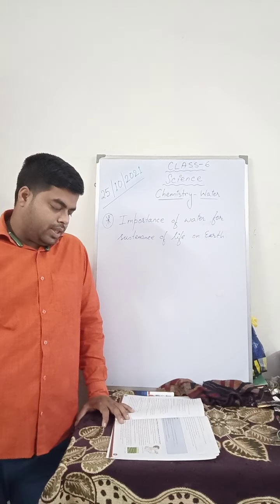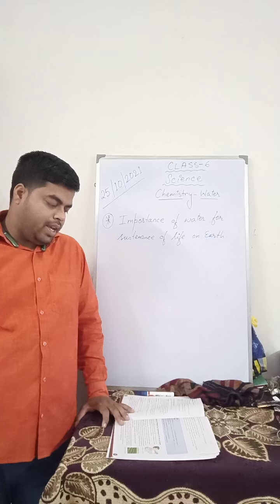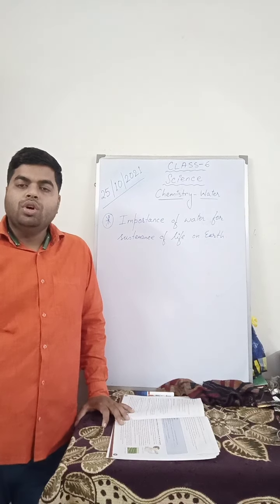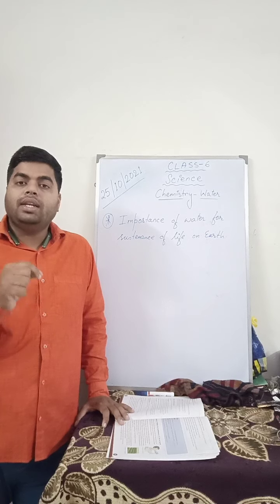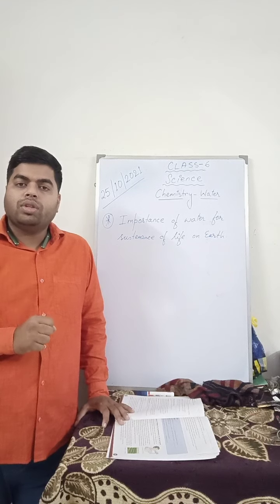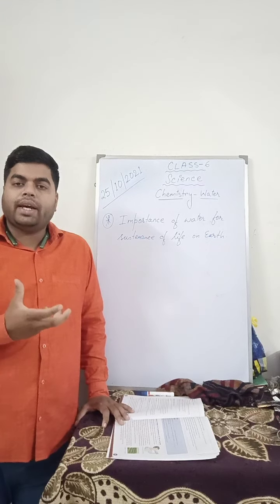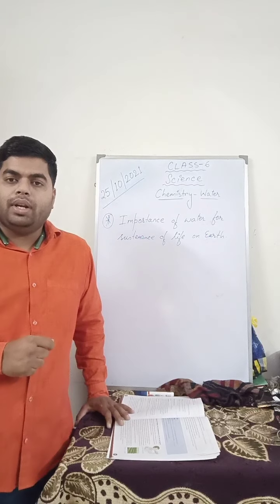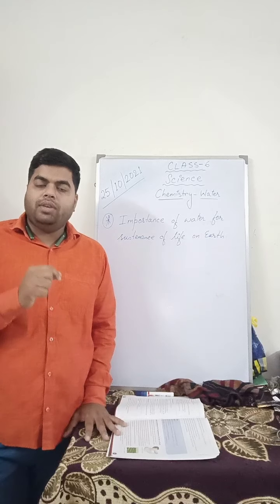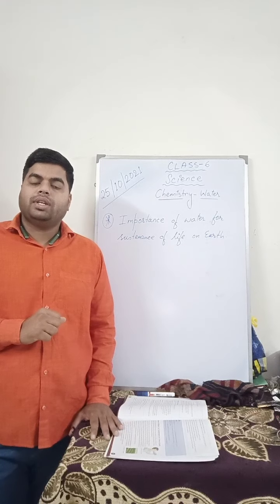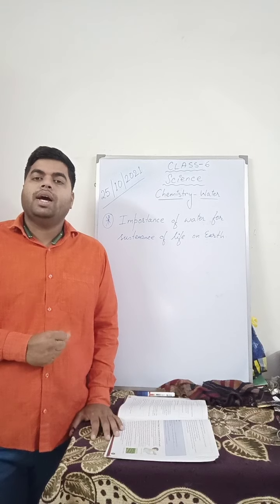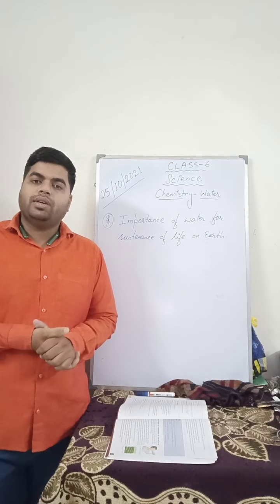All living things require water to carry out various life processes in their body. Even the body parts of every living thing require water so that they can perform their own functions properly and make the living things survive on this earth.